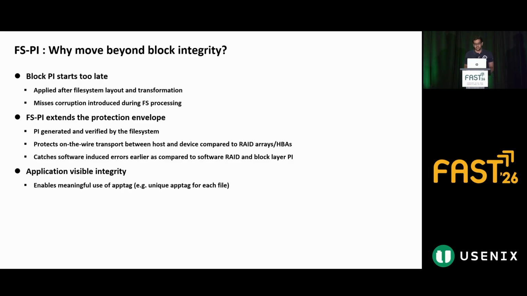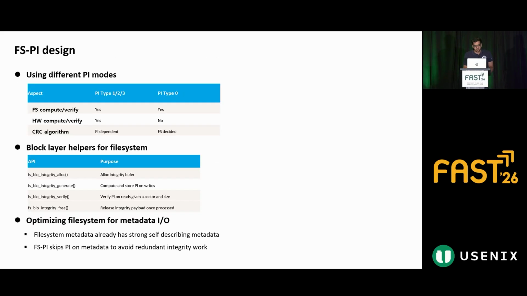It gets applied when the file system layout and transformation has already been done, so any corruption that gets introduced during the file system processing gets missed. With FSPI, the attempt is to extend the protection envelope and generate and verify the PI in the file system itself. With this, we are able to catch software-induced errors much earlier in the IO stack.